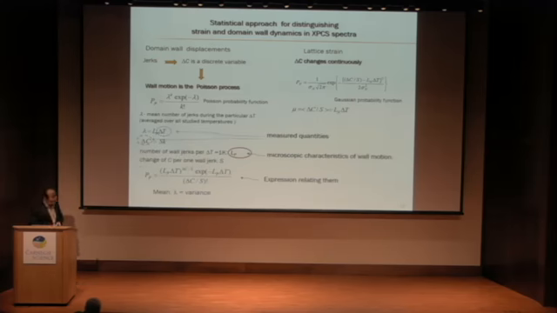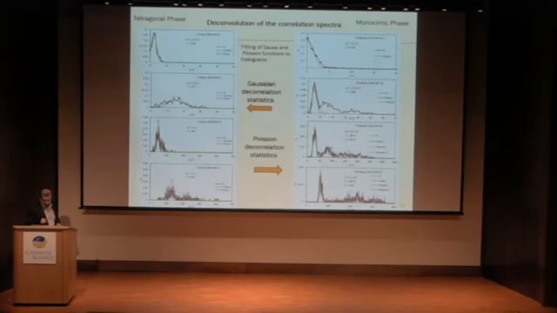With some mathematics, we can extract the relation between macroscopic characteristics of the domain wall motion and the observed characteristics, and then the analysis. We showed that really the behavior in the monoclinic phase follows the Poisson correlation statistics, and behavior in the tetragonal phase follows the Gaussian statistics.